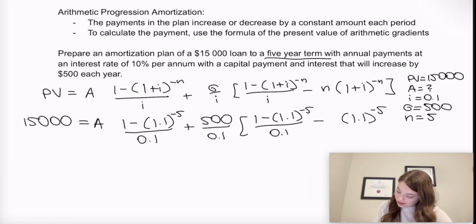Oh, and here actually I should put 5, because in this step we're subbing in everything and I'd forgotten to sub that in.